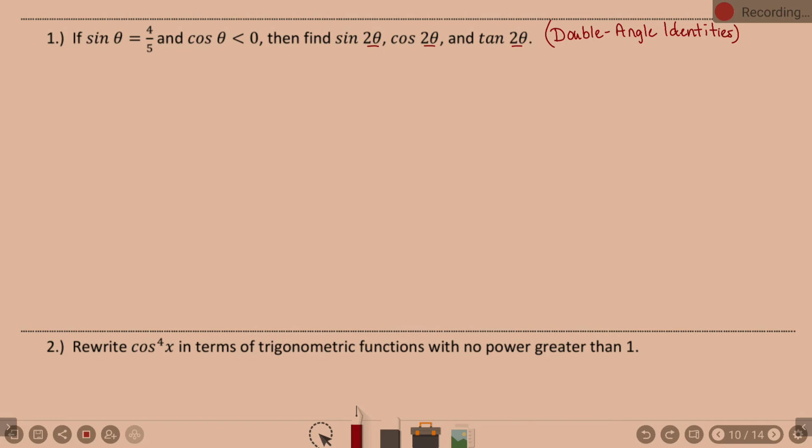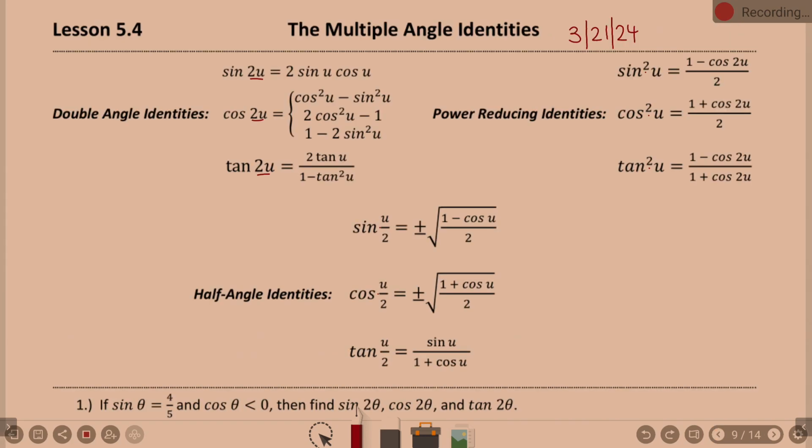Now, as you start looking down at sine of 2 theta, cosine of 2 theta, and tangent of 2 theta, and if I backtrack to the top of my notes real quick, what am I going to have to know to be able to find these values? No matter which combination I use, I'm basically going to have to know sine of u, cosine of u, and tangent of u, yes?